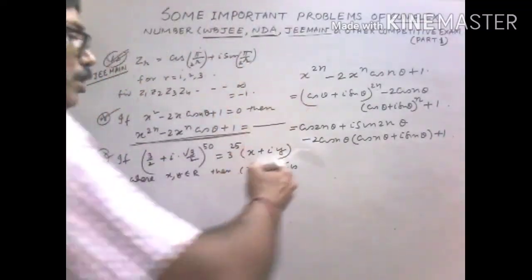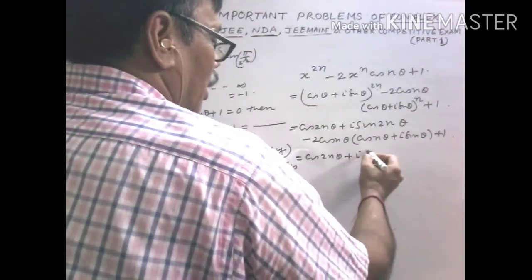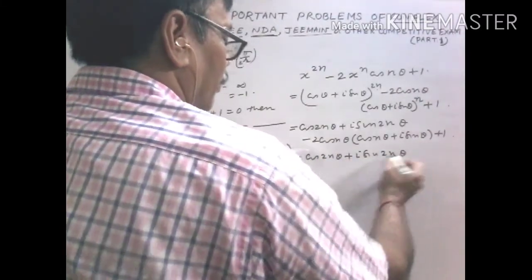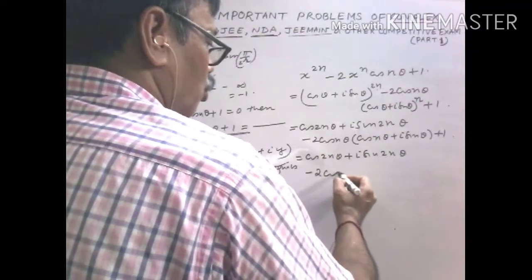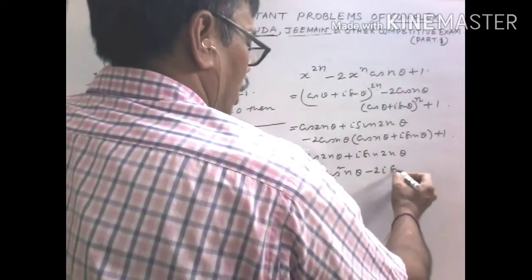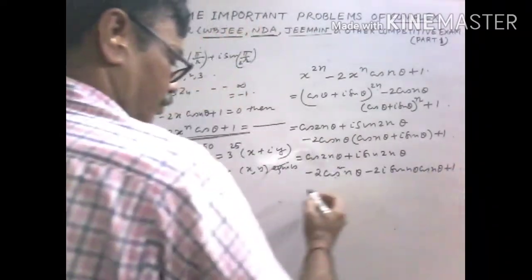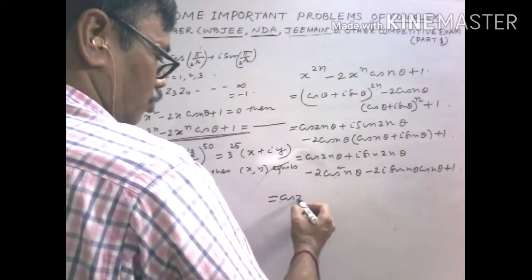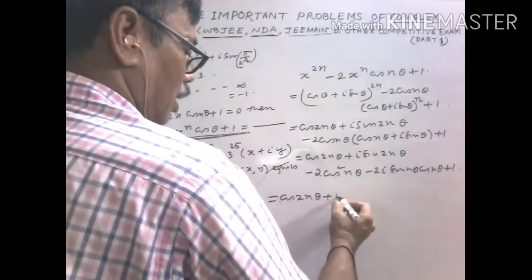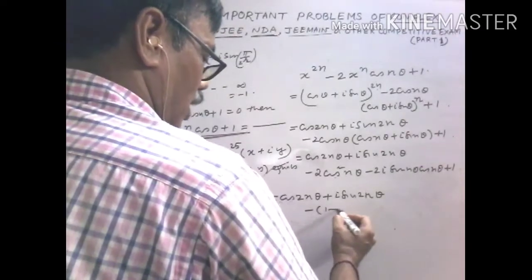Now it reduces to a problem of trigonometry. So cos 2n theta plus i sin 2n theta minus 2 cos square n theta minus 2i sin n theta cos n theta plus 1.